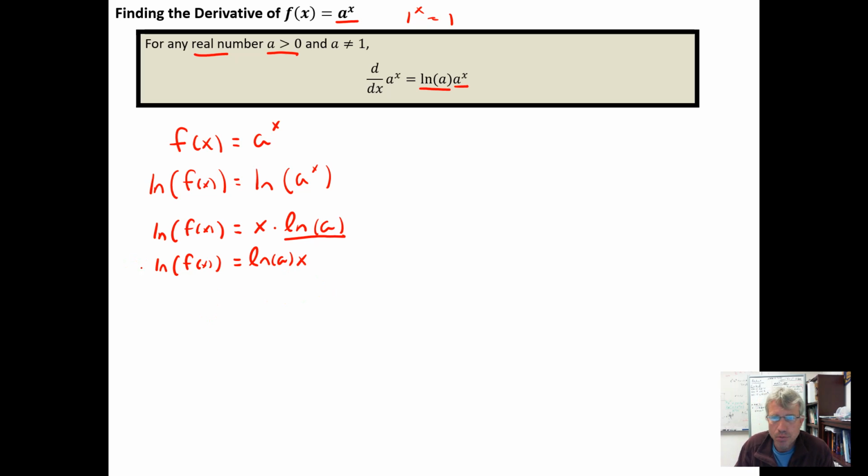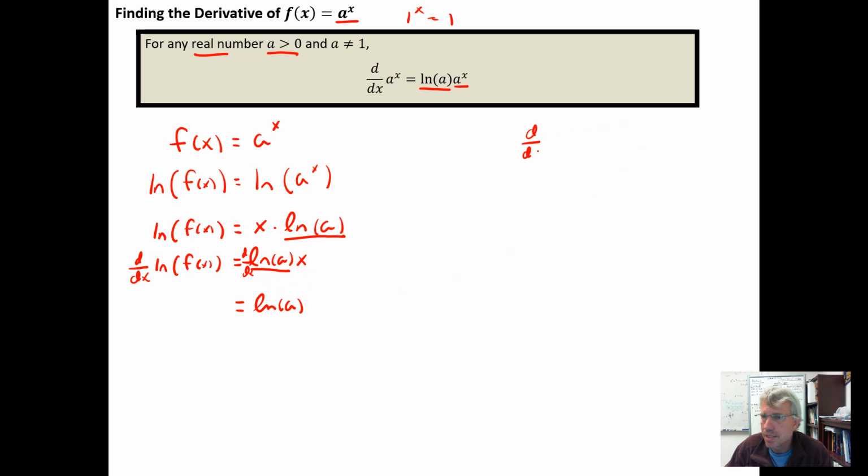And then what we could do is take the derivative of both sides. I could say, let's take d dx, the derivative of the left-hand side, and d dx, the derivative of the right-hand side. And the derivative of the natural log of a times x is just going to be the natural log of a. What we want to remember is that the natural log of a is just a constant.